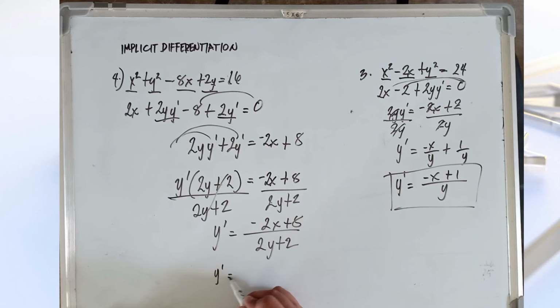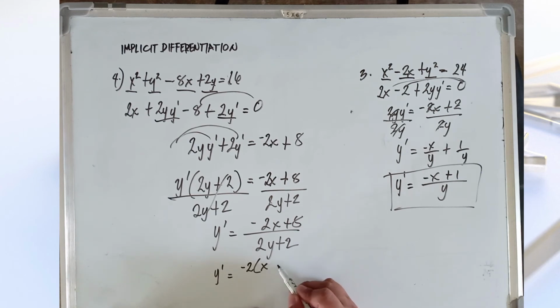We have y prime is equal to, factor your 2. We have negative 2, x minus 4 over, so 2 na lang, plus 4 and another 2 y plus 1.